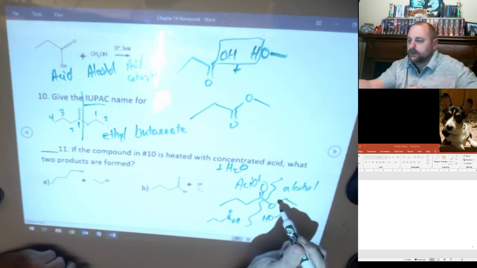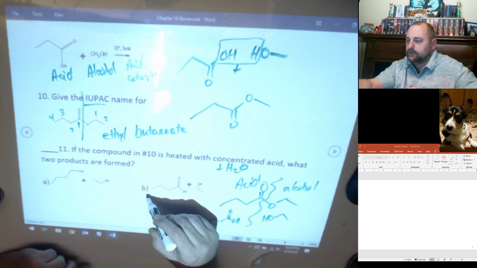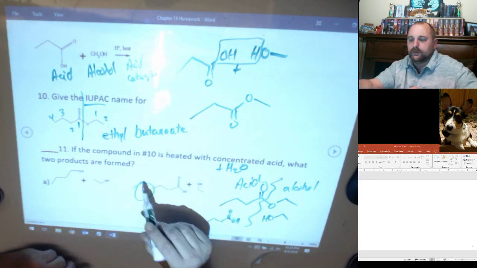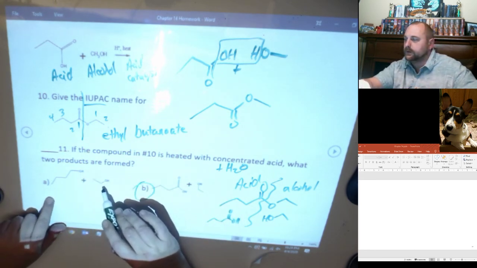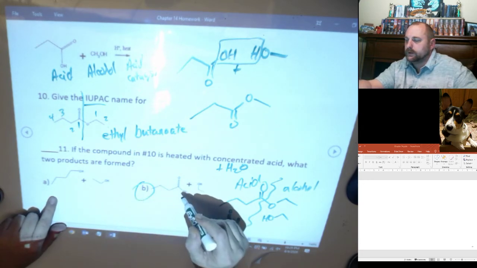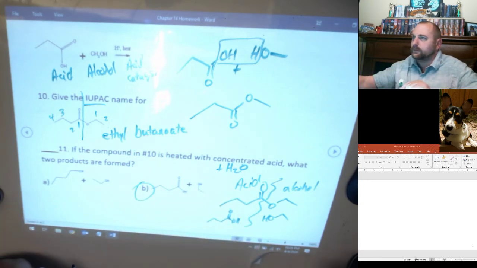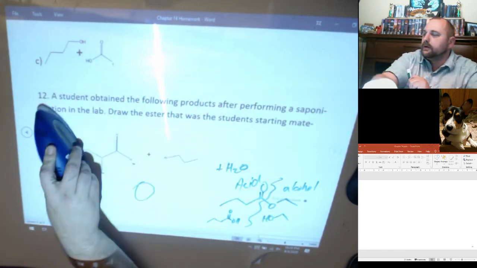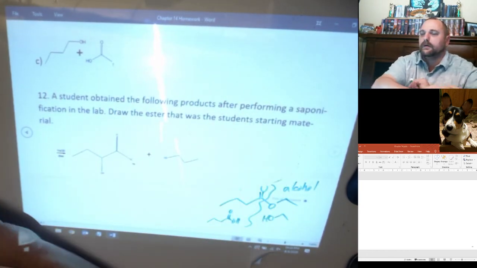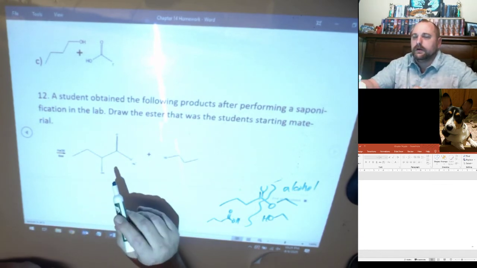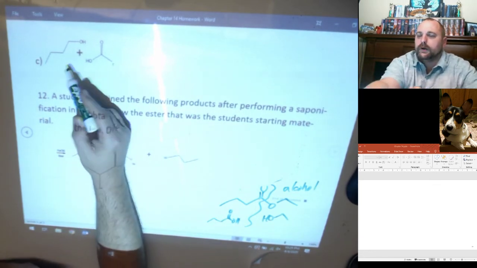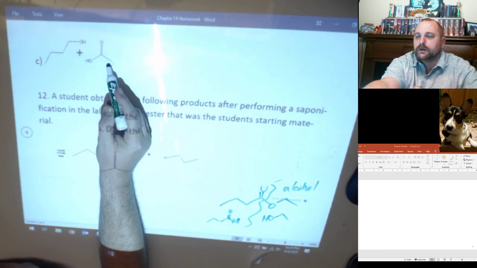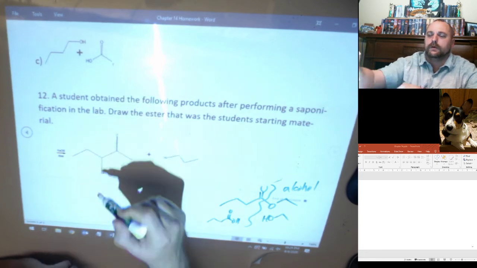Let's see, we had an ethyl. 1, 2. Hey, there's B. Looks good. This one had 2 alcohols. That's no good. And this one had an acid and an alcohol. They're the right ones. C up here had a 4-membered alcohol and a short 2-carbon acid.